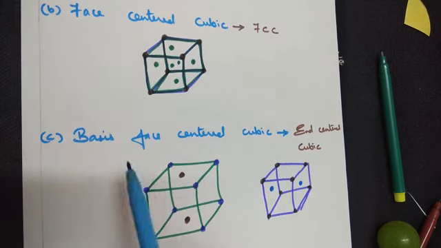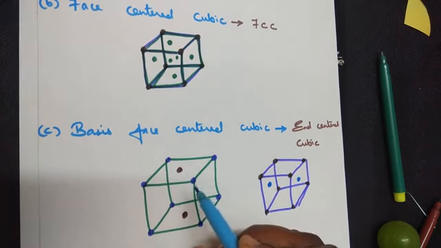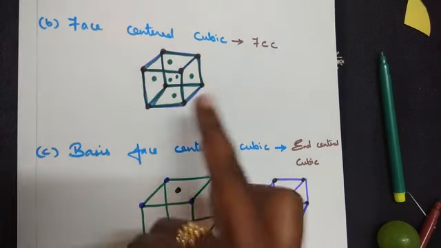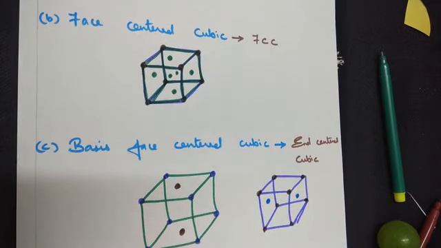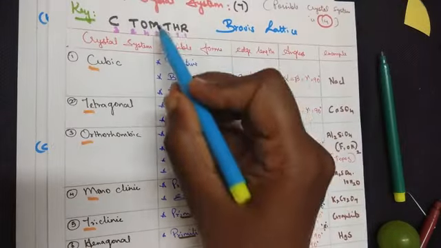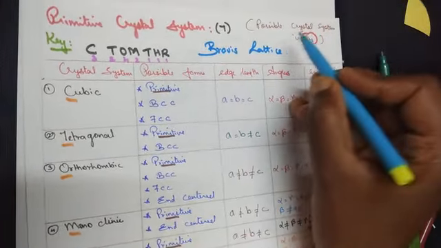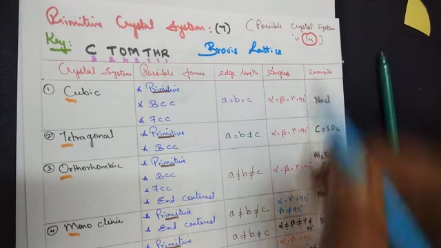Now basis face centered cubic will have additional lattice points in the opposite faces. So together these 3 types, combined with the 7 types of primitive unit cell, sum up to 14 possible crystal systems.